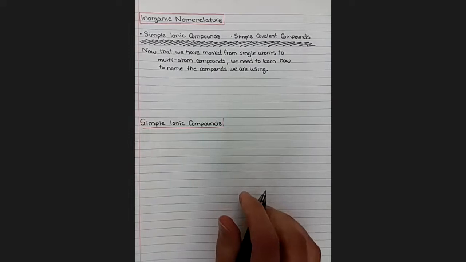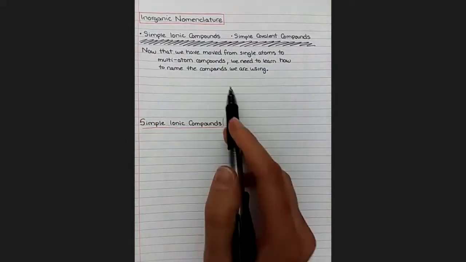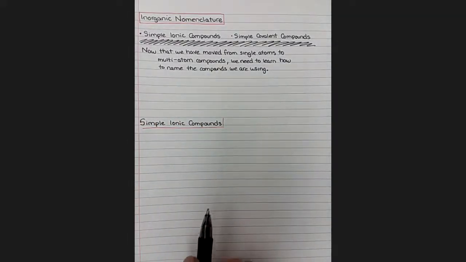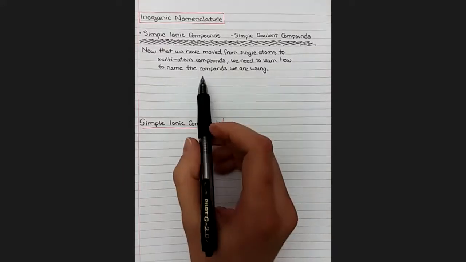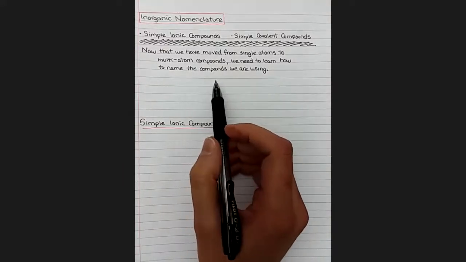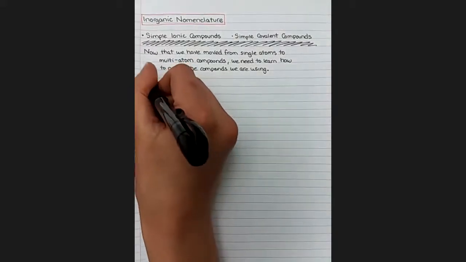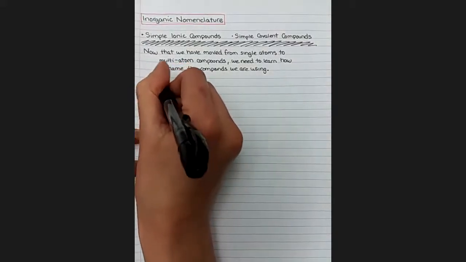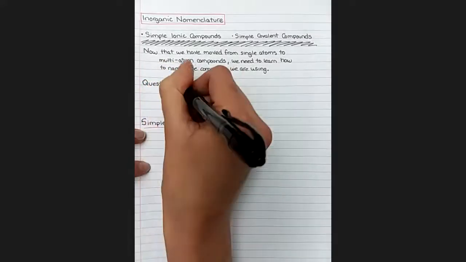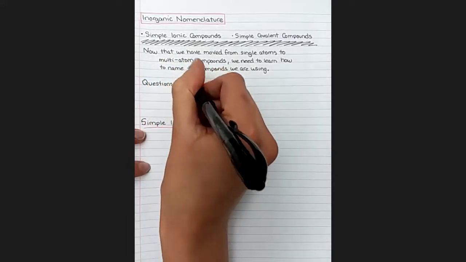And there are lots of different kinds of compounds, and there's lots and lots of different naming rules, but we are just going to focus on the naming rules that are relevant to the types of compounds we are going to be looking at for the next couple of weeks. But there are a couple of questions that you need to ask yourself when you're trying to decide how to name something.